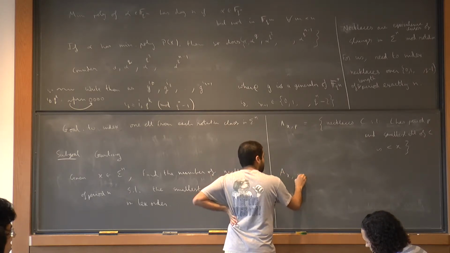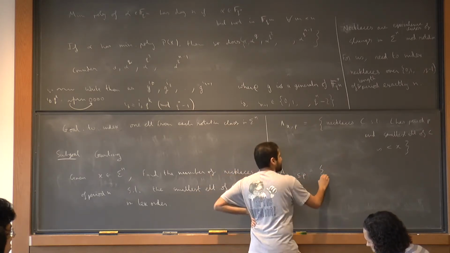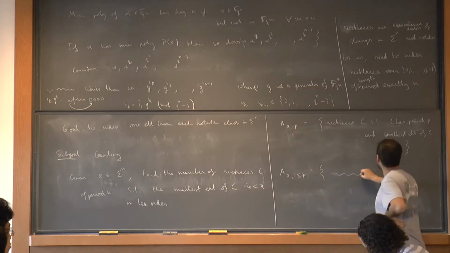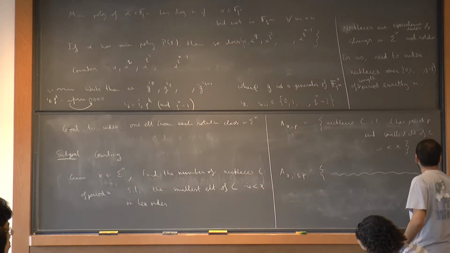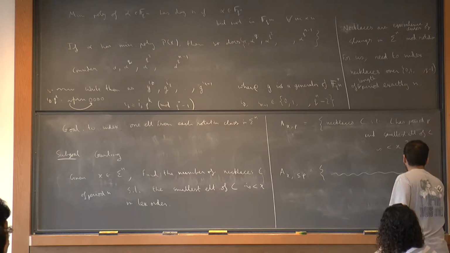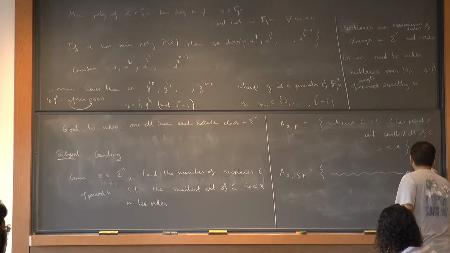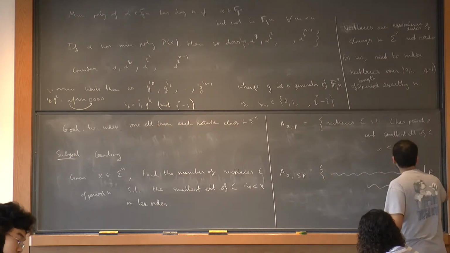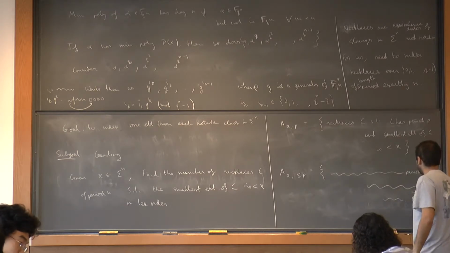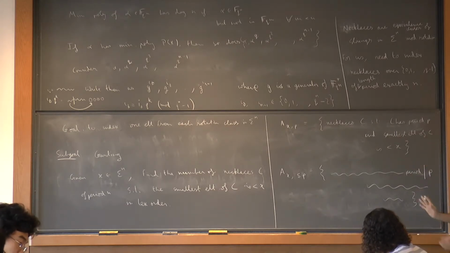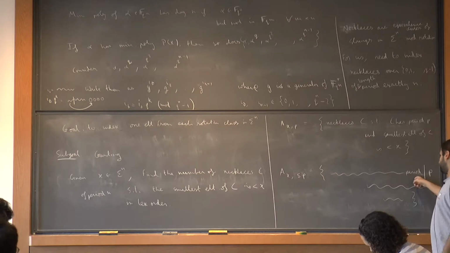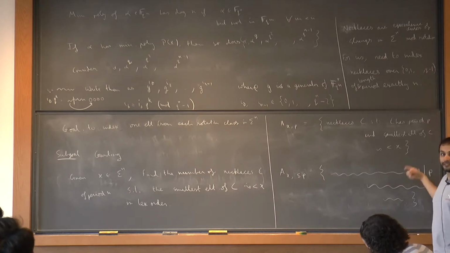A_{x,at most p} is the necklaces C such that C has period dividing p and the smallest element of C is less than x. So it's the same thing except you also count the necklaces whose period divides p.